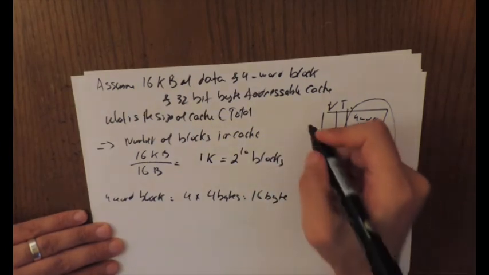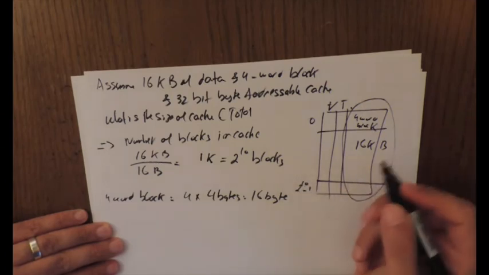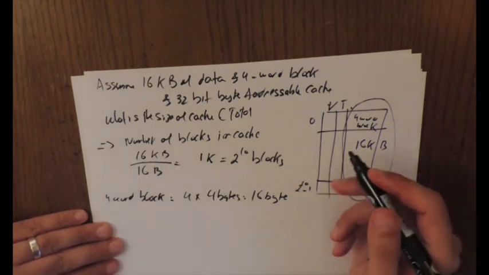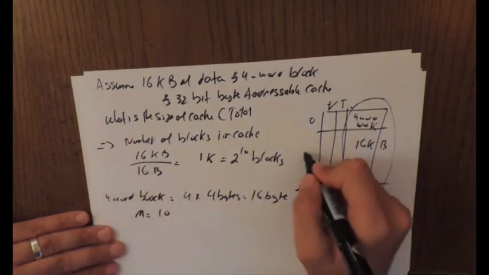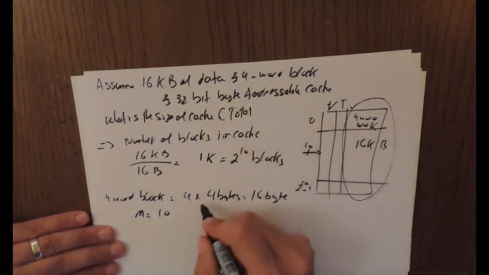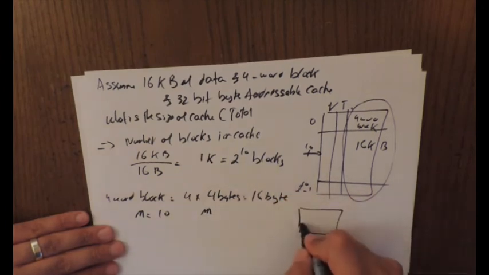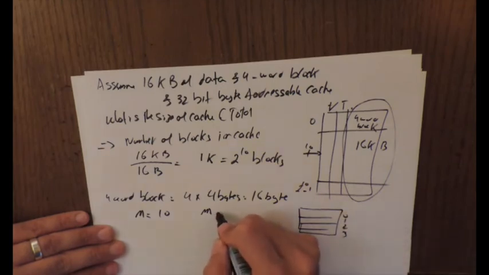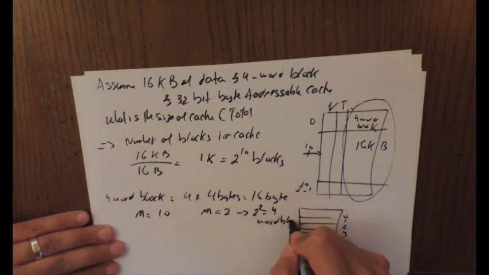So we have from 0 all the way to 2 power 10 minus 1, or 1023. So n is equal to 10, this is 10 bits. We have m, since it is a 4-word block, 0, 1, 2, 3. M is equal to 2, since 2 power 2 is equal to 4 words.